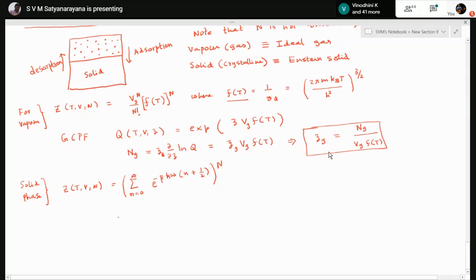So I pull out e to the minus beta h bar omega by 2, and then I have remaining the sum over n equal to 0 to infinity of e to the minus beta h bar omega raised to the power n. This is a geometric series, and I get e to the minus beta h bar omega by 2 divided by 1 minus e to the minus beta h bar omega.